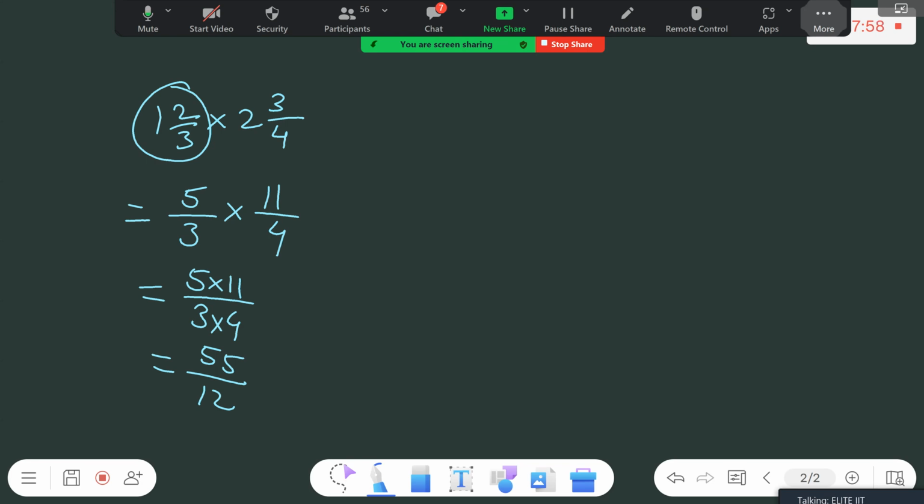No. Next, what about division of fractions? We should take the reciprocal. Yeah, let us see. If I write 1 by 4 divided by 1 by 2, then we should take the reciprocal of 1 by 2. We cannot directly do it, but we know how to do multiplication. So we'll convert this division into multiplication, okay?